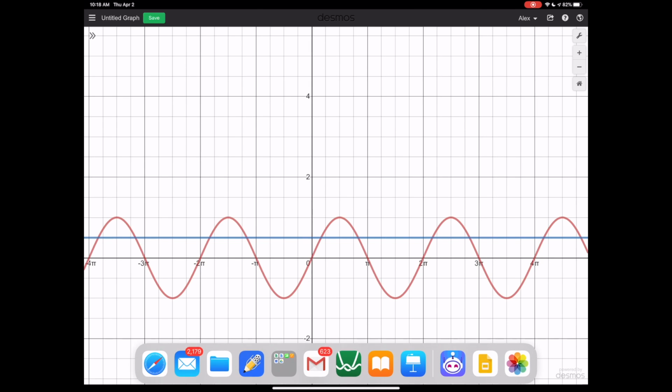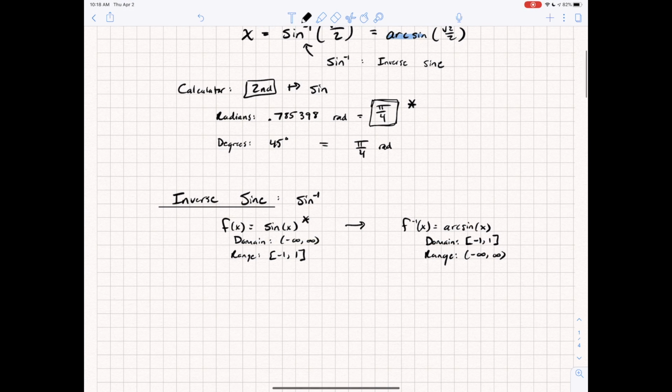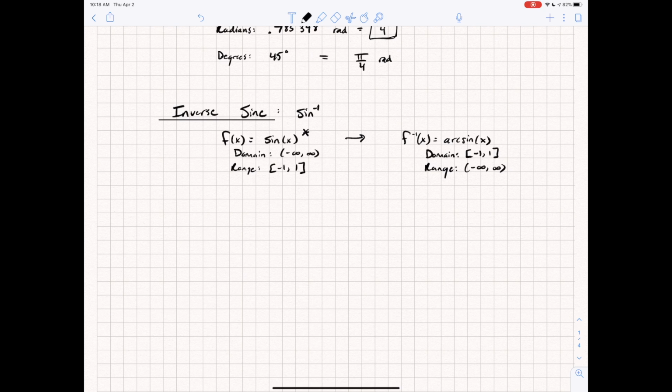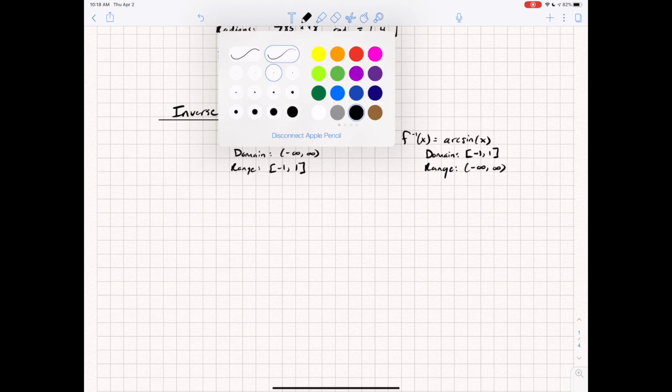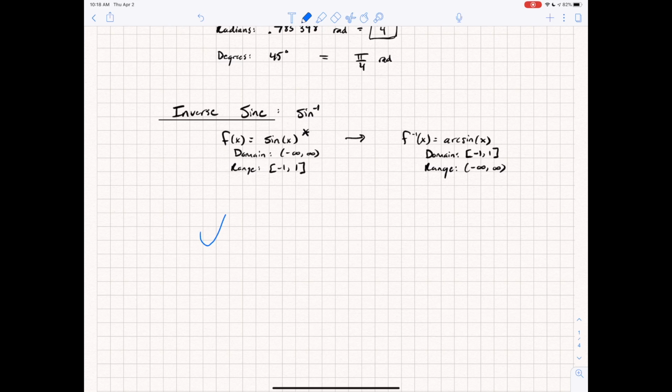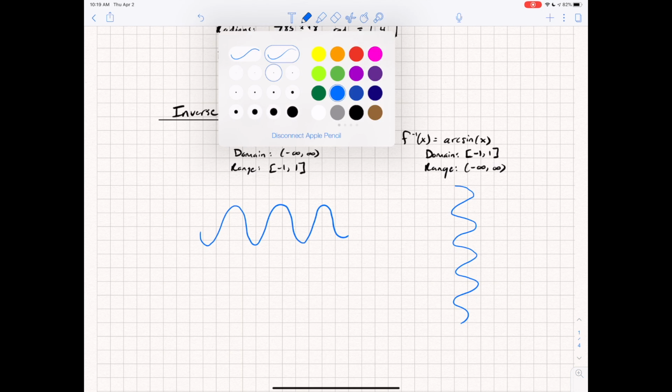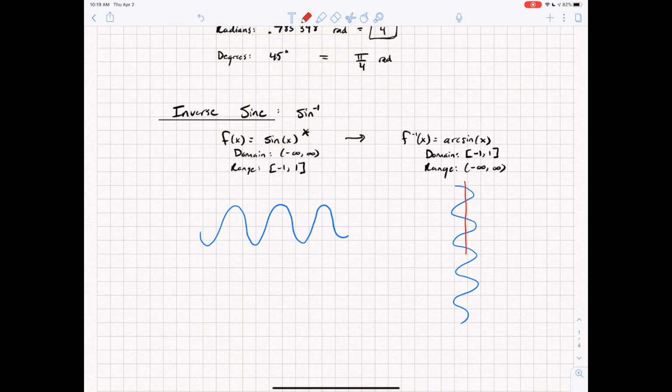So just to sketch this, because I don't think I can get it to be sketched in Desmos, remember that if my original function is doing this, and I was to swap the x's and y's, that means the inverse graph would do something like this. It would be a wave flipped vertically. And if I'm looking for this inverse to be a function, this would never pass the vertical line test.